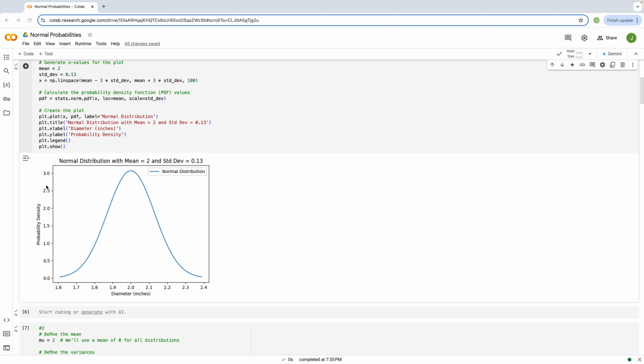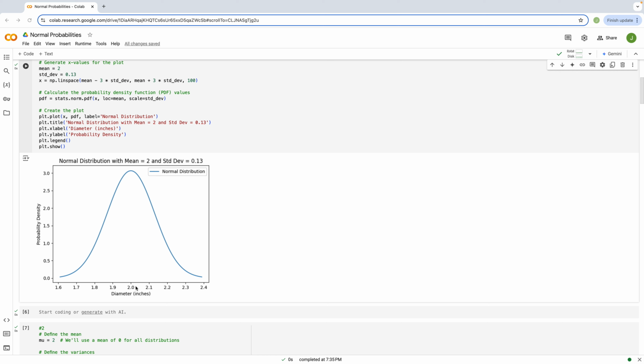This graph here is the graph of the probability density function for a normal distribution. What we want is for the most common outcome, which is this peak, to be 2 inches to meet specification of production.